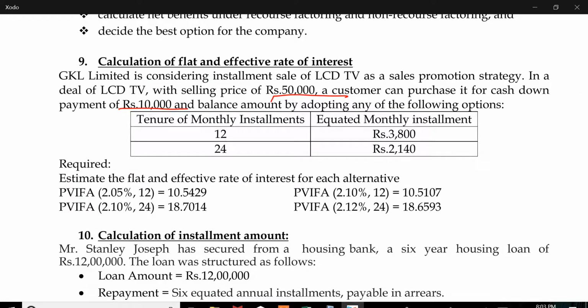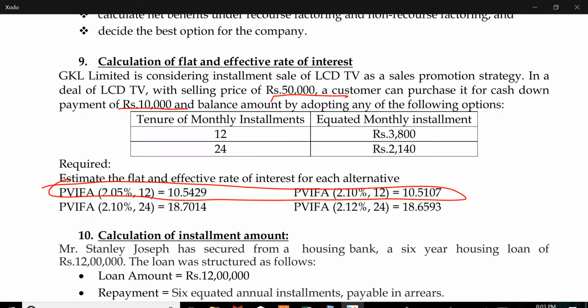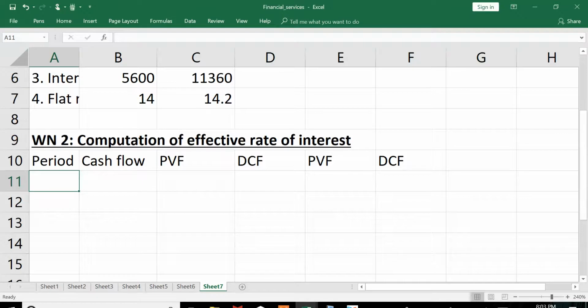For 12 months, I am going to use 2.05 and 2.10; somewhere in between the IRR is going to lie. For the other one, we will do 2.10 and 2.12, 24 months. So it is like this, period 0 and period 1 to 12.